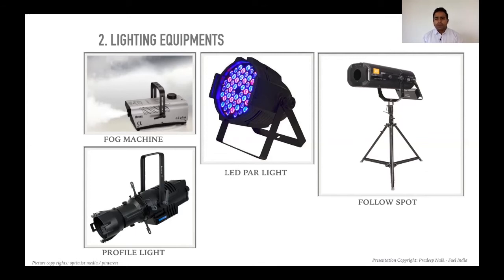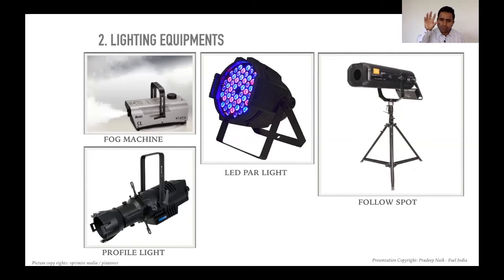The third one we're talking about is follow spot. If anybody has experienced fashion shows, or if there is a solo speaker on a stage kind of a setup, or if there is a car that is entering into the show at the time of a product launch, or there is a speaker who's coming out, breaking the screen and coming. Follow spot is a circle where we dim the entire light of the venue and just focus, as we say, it creates a spot.